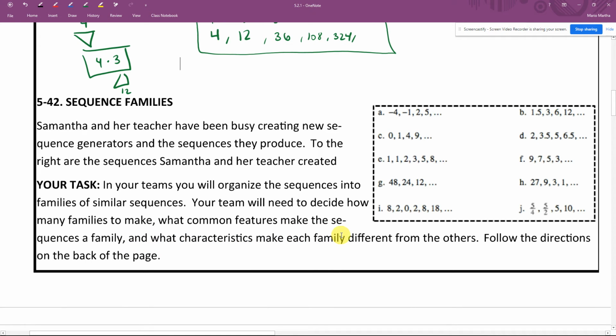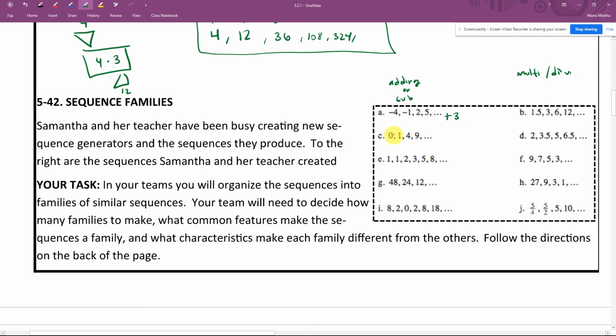So you want to split them up into the ones that change by either adding or subtracting, and the other ones that change by multiplying or dividing. Let's see how each one changes. A is changing by, if you notice, we went from -4, -3, +2, +5. So here we're adding 3.